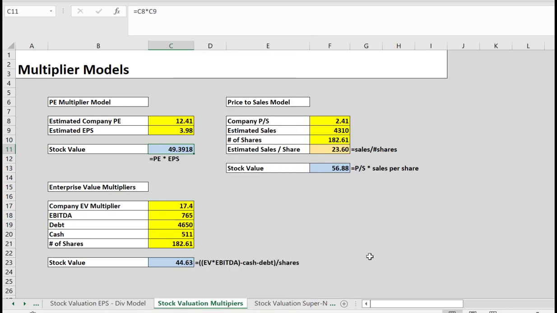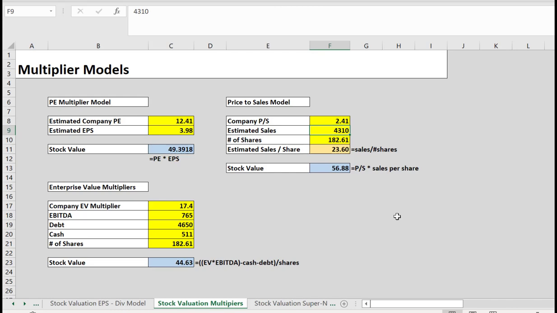So anyhow, we have three models. They're all here to help us understand relationships between variables and prices. So if we expect sales to increase, we've been predicting 4310, but we think, you know what? Something really good happened this year, and we think we're going to increase sales.